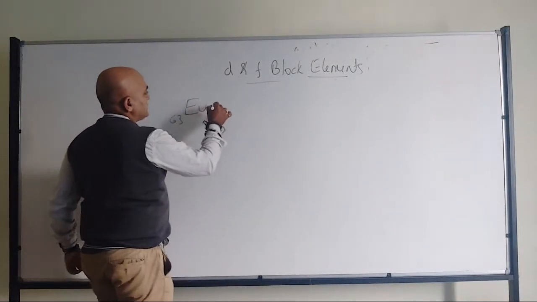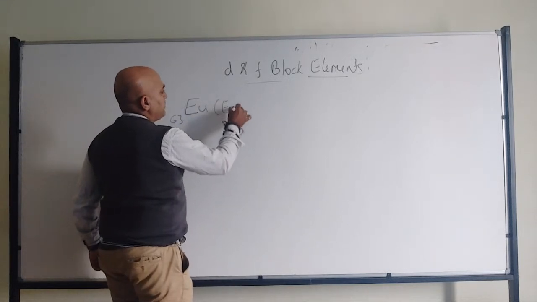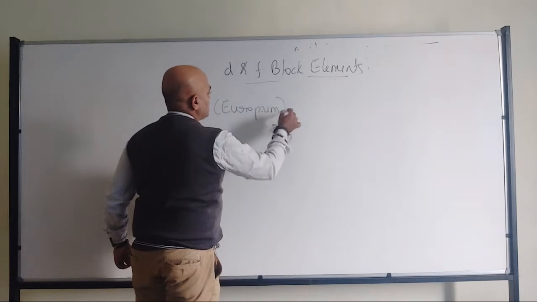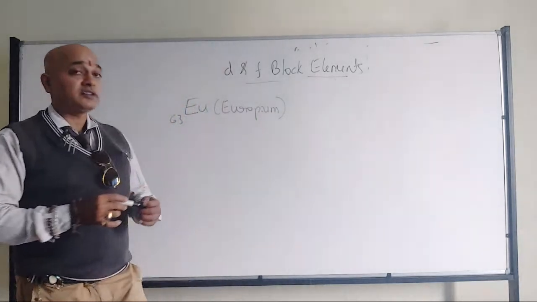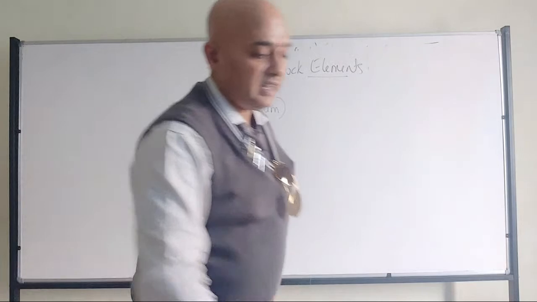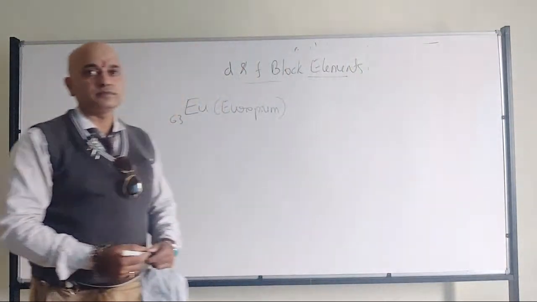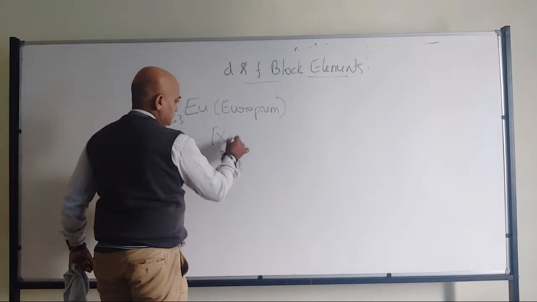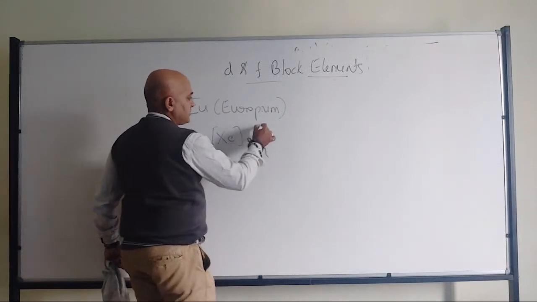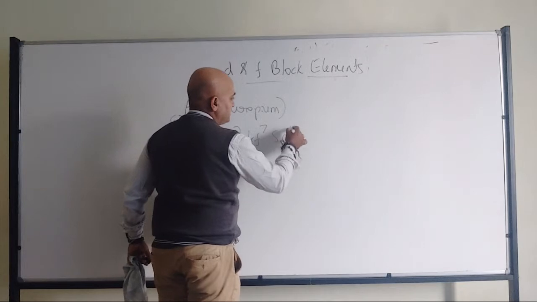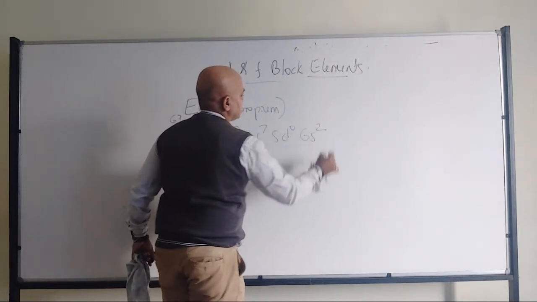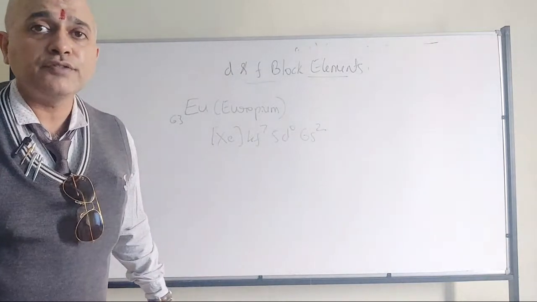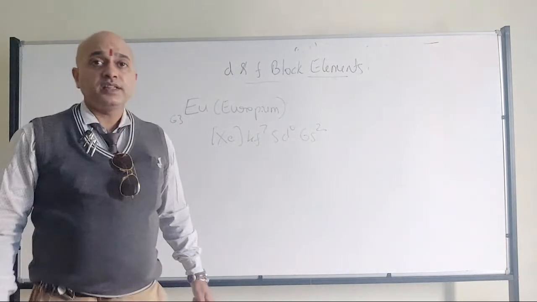So what is the electronic configuration for this? 4f7, 5d0, 6s2. Very good. So this is the electronic configuration for europium.